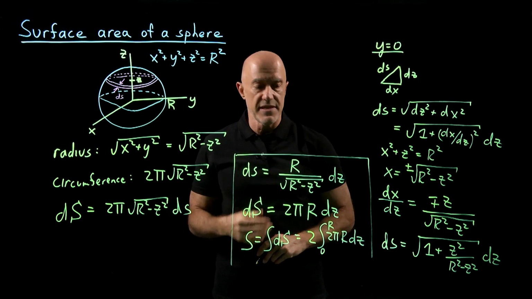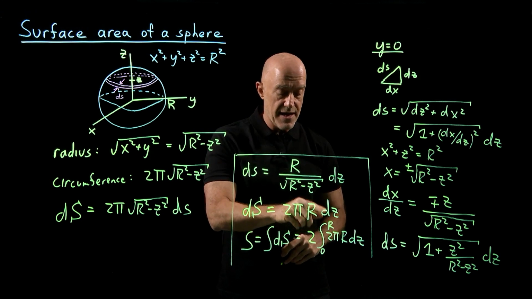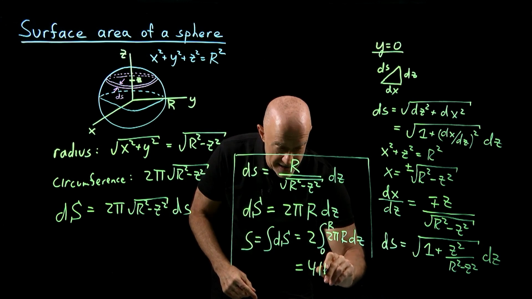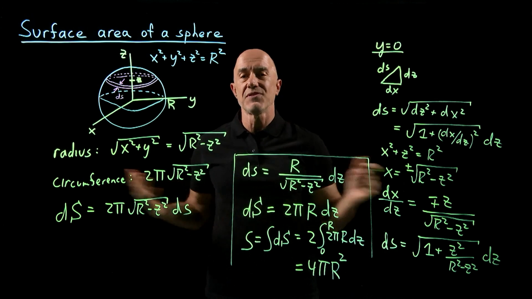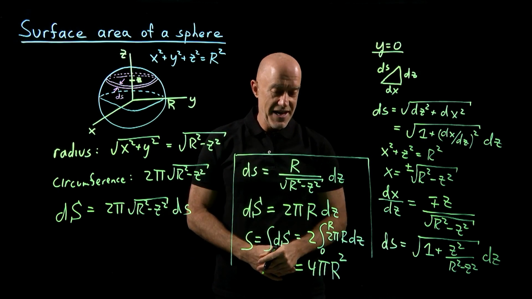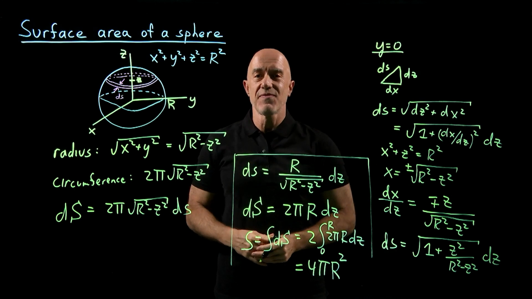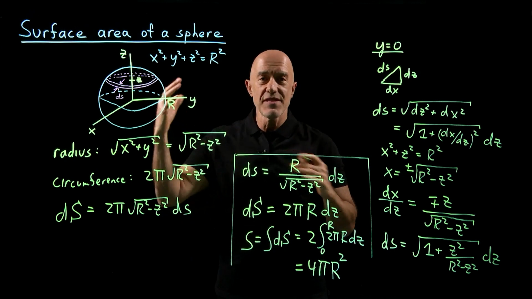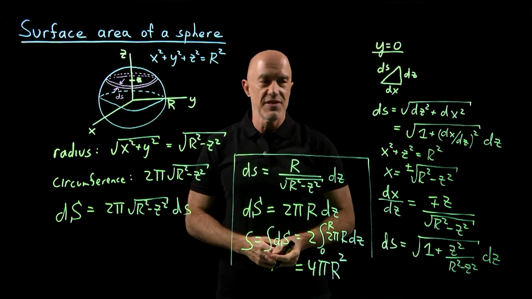The integral of dz is just z. So that becomes 4 pi r times r, or we get our formula 4 pi r squared for the surface area. Okay? A lot of work to get the surface area of a sphere is 4 pi r squared. You probably never did this before and just learned that this was the surface area.